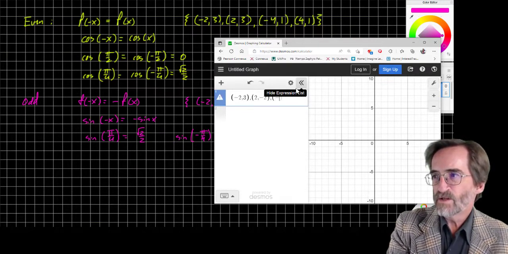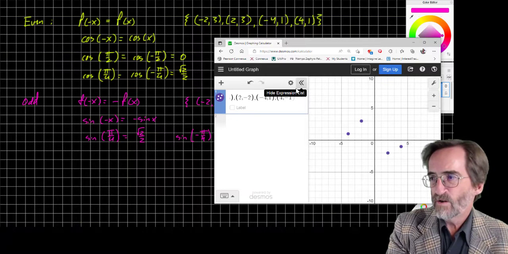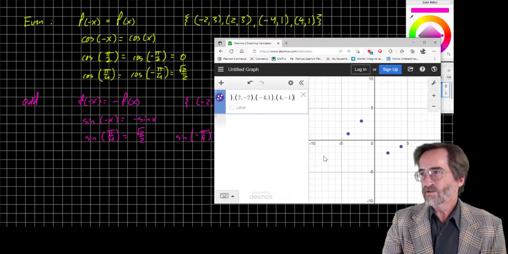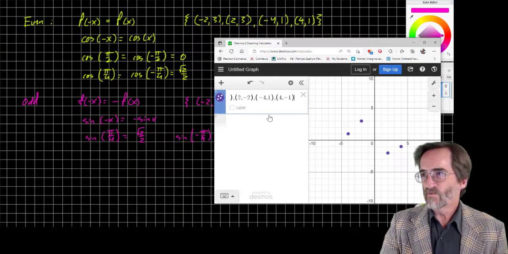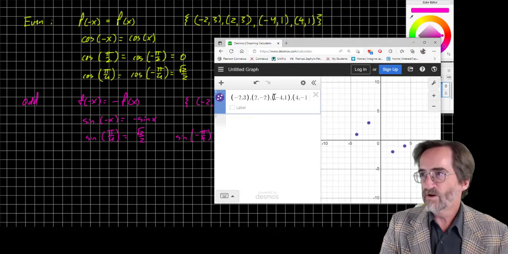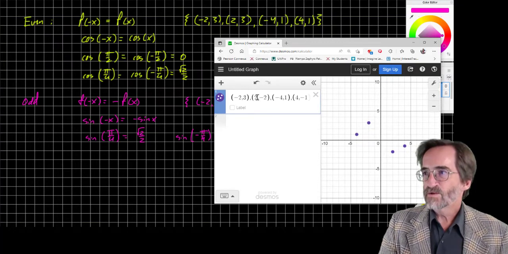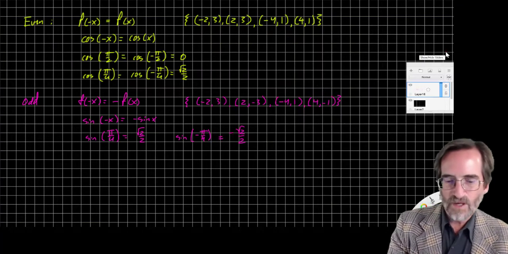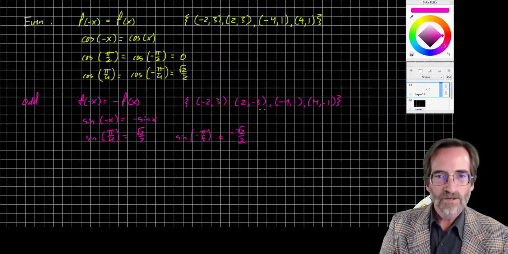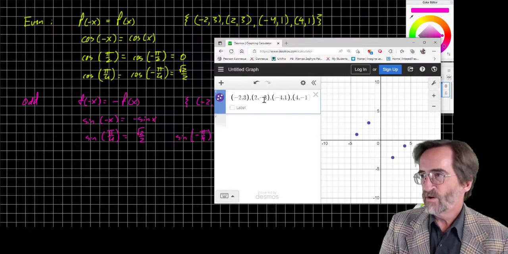Changing the sign on the x changes the sign on the y. -4, 1 becomes 4, -1. Okay, I've got something wrong here. There we go. 2, -3.